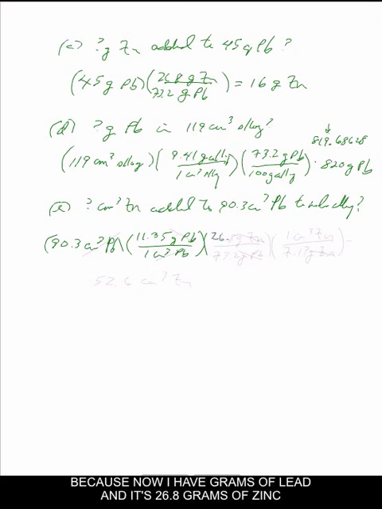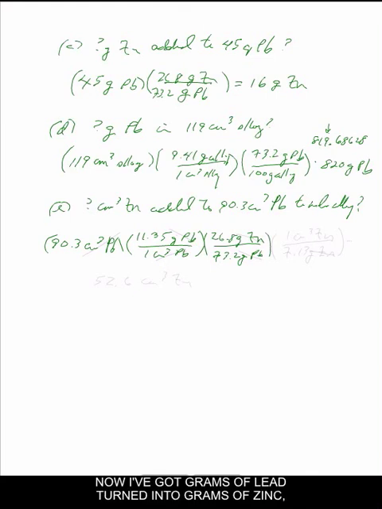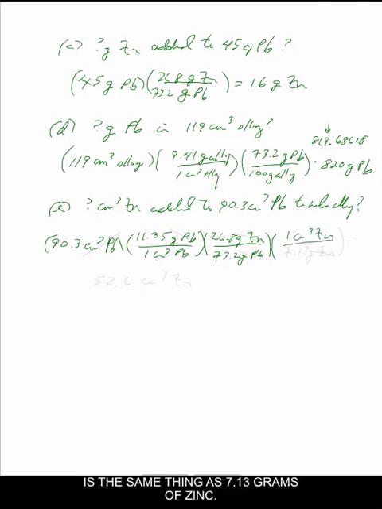And it's 26.8 grams of zinc for every 73.2 grams of lead. Now I've got grams of lead turned into grams of zinc, but the question was cubic centimeters of zinc. And 1 cubic centimeter of zinc is the same thing as 7.13 grams of zinc.